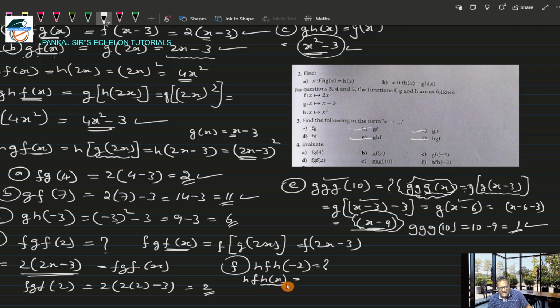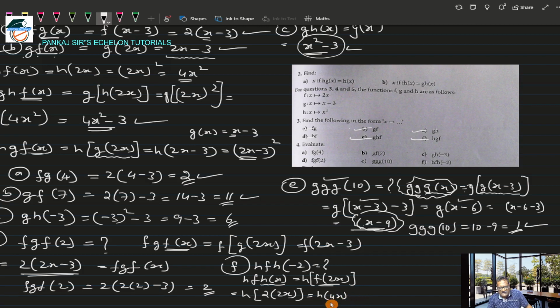Starting from inside, H of x is 2x, so it will be 2x, and you have an F, and then outside you have an H. F of 2x will be what? F of x is 2x, so it will be 2 into 2x, and then you have an H over it. So this will work out to H of 4x.